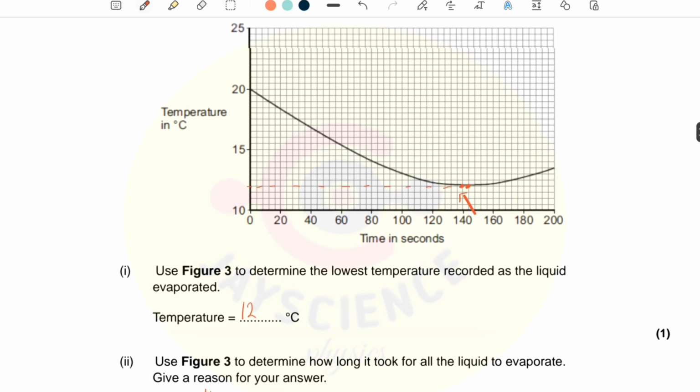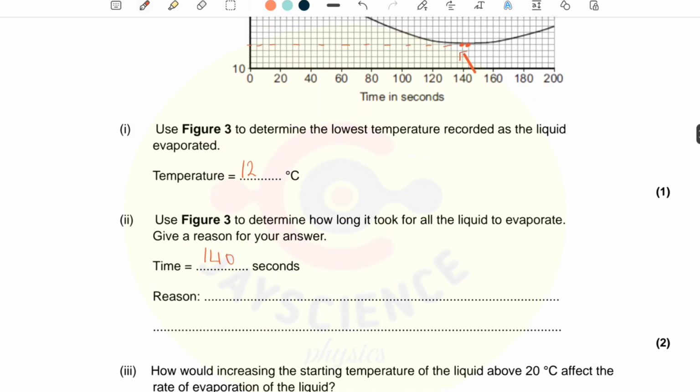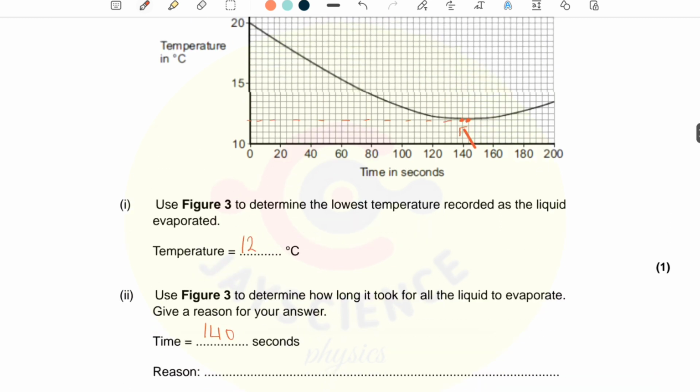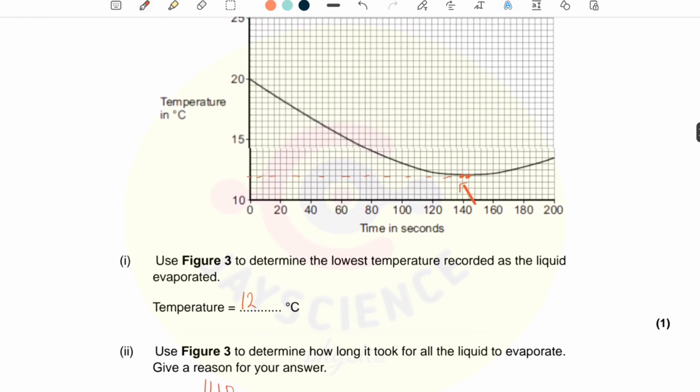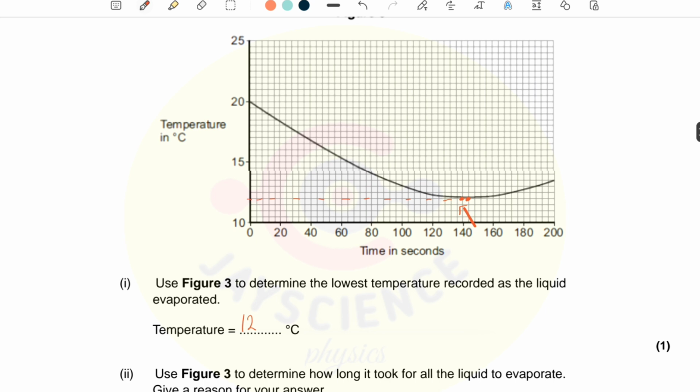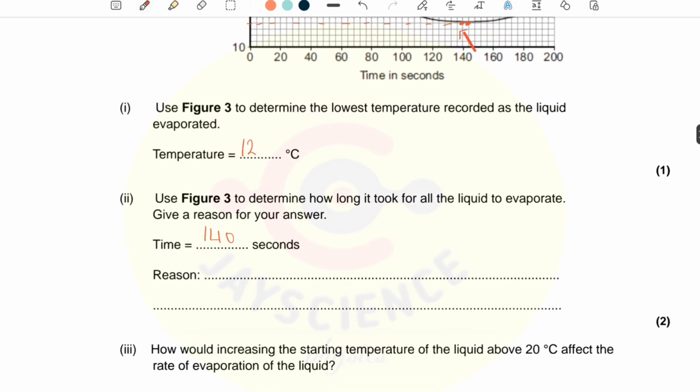Since the temperature is on the y-axis, if the graph is rising, that means the temperature is rising as well. So you can see after this point, the graph begins to rise.